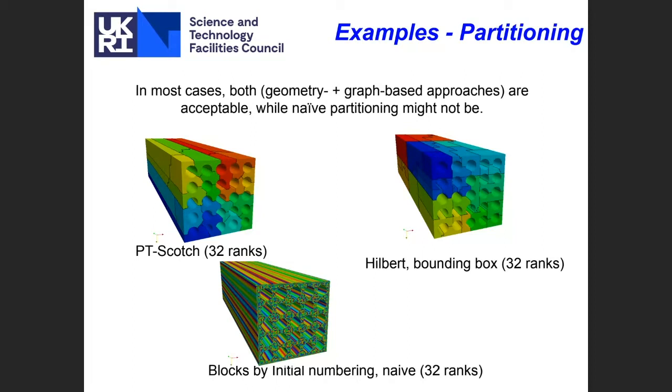This means that all the processors are going to talk to each other. I'm talking about point-to-point send and receive communication, not the collective ones. For PT-Scotch and Hilbert, the colors are very well distributed, and they're going to limit communication. So you expect Code_Saturne to be much faster when you use the two top partitioners rather than the bottom one.